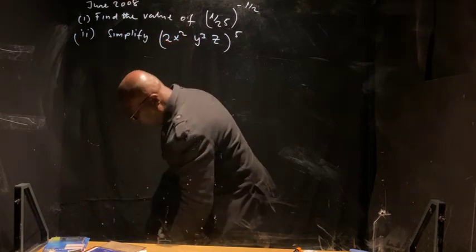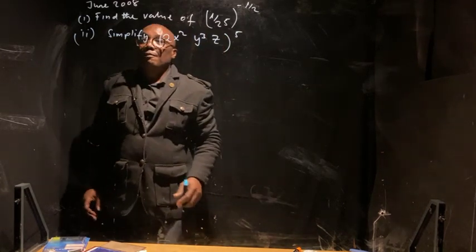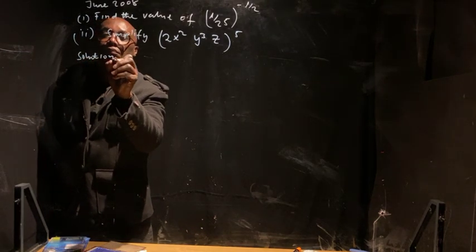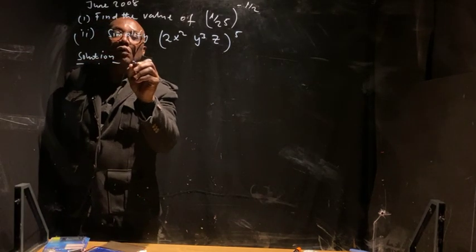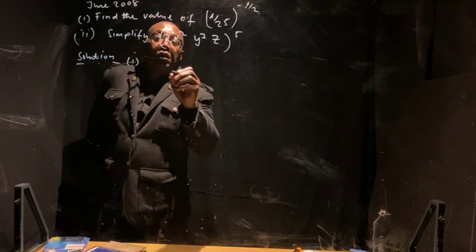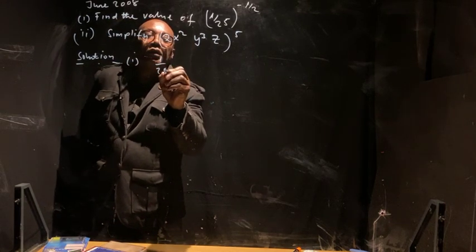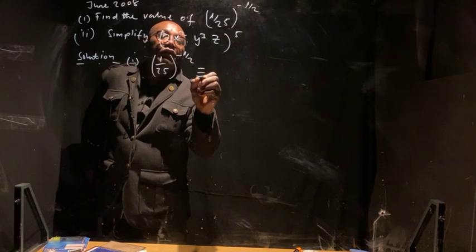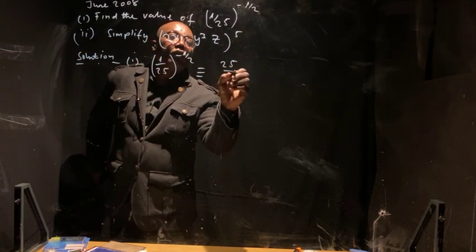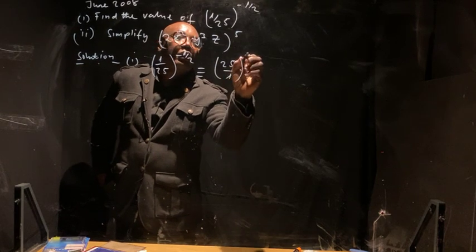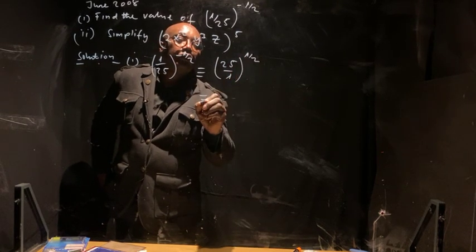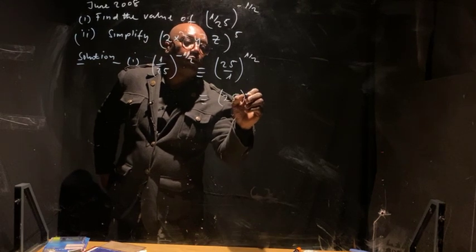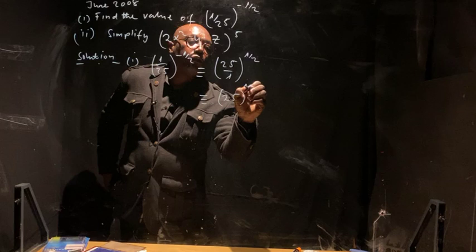Good. Solution. 1 over 25 raised to the power negative half is no different from 25 over 1 raised to the power half, which equals 25 raised to the power half.